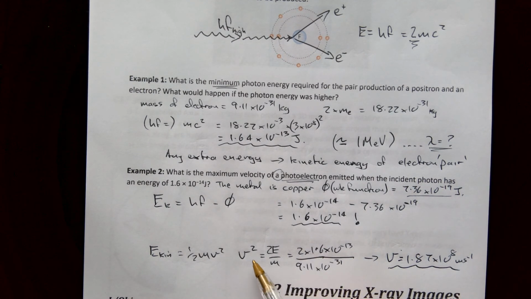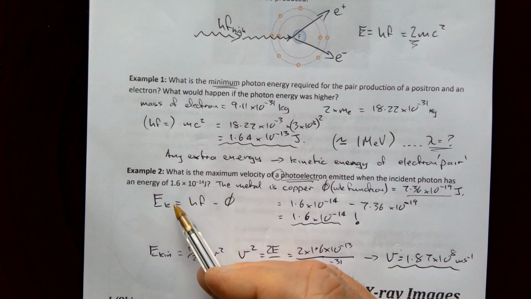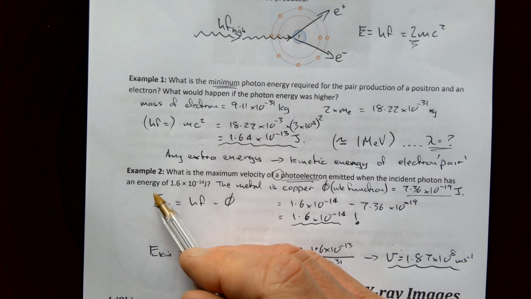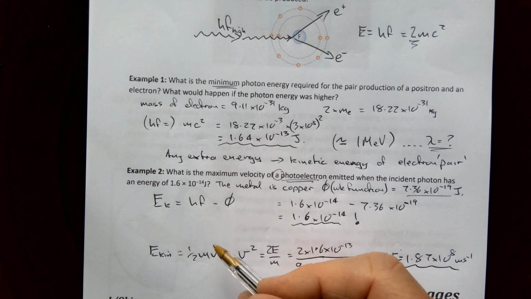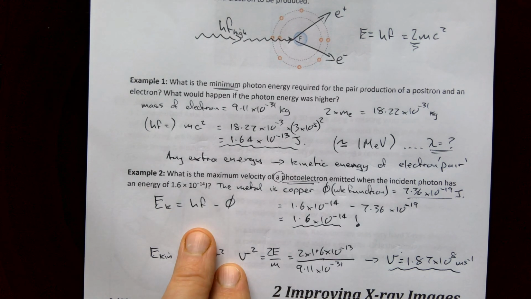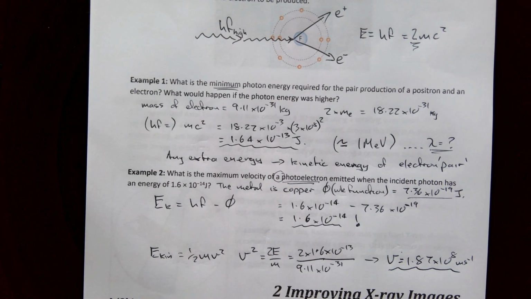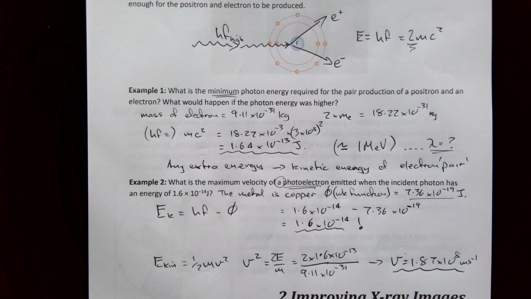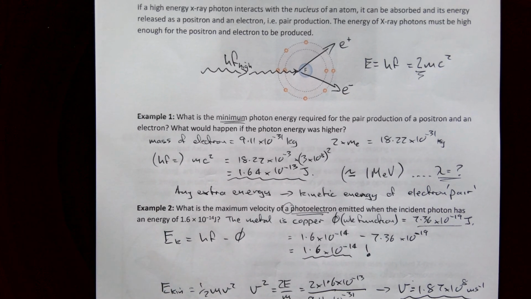If you needed to, or more likely, they'll probably give you the frequency or the wavelength of the photons. You've just got one more step to do. So again, maybe hc over lambda might be a more convenient form for what you're doing.